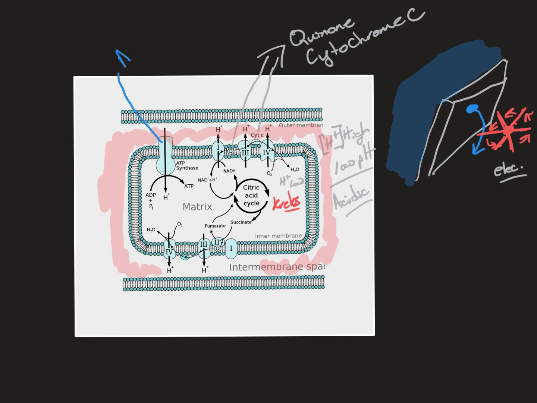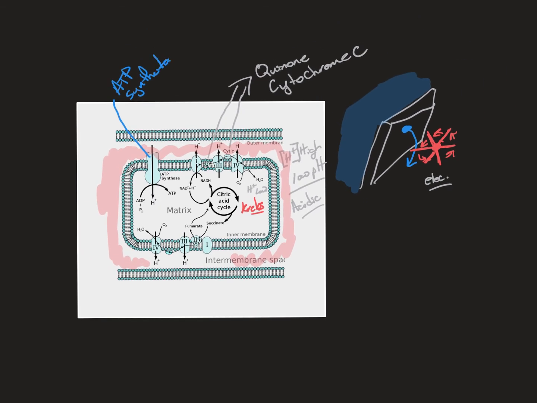It turns round and round as the hydrogen ions flow through, and every time it turns, it makes ATP. It makes a lot of ATP. So we make 36 ATPs here. That's a lot of ATP for every glucose molecule. So you can see that we get a lot out of this electron transport chain.